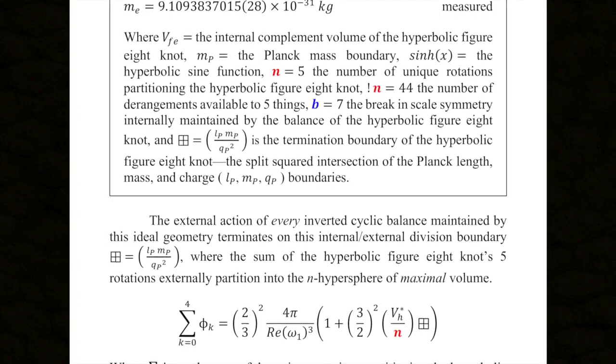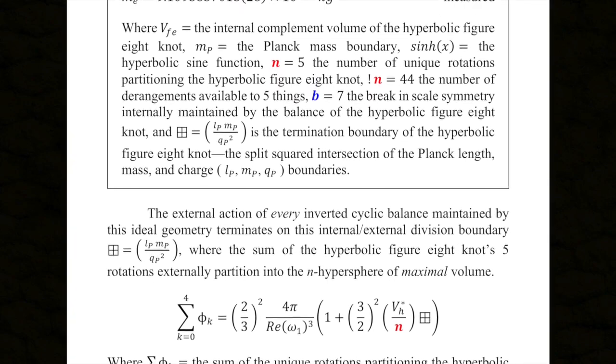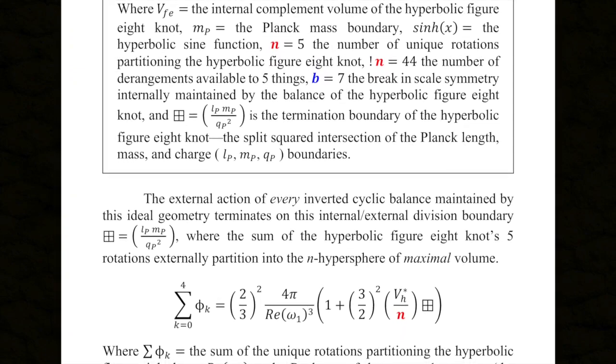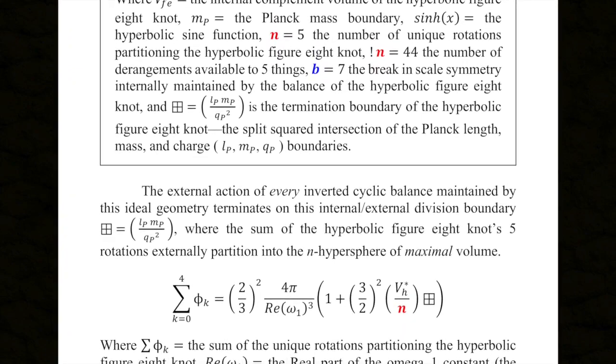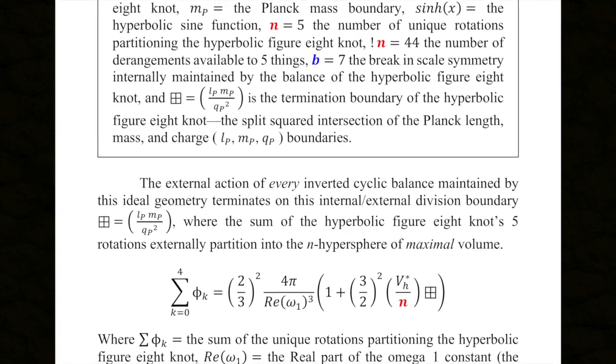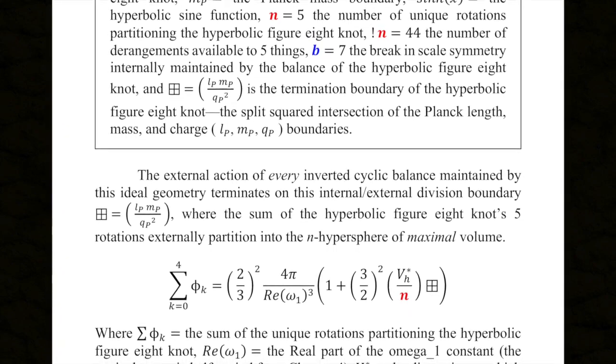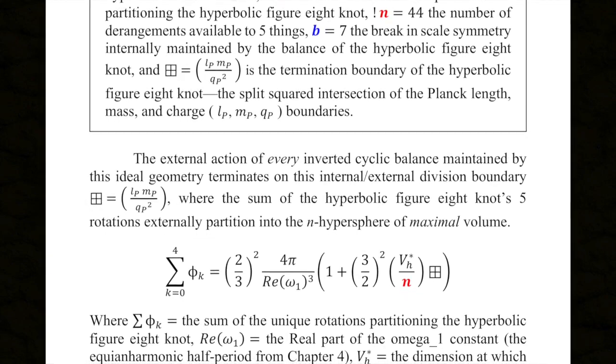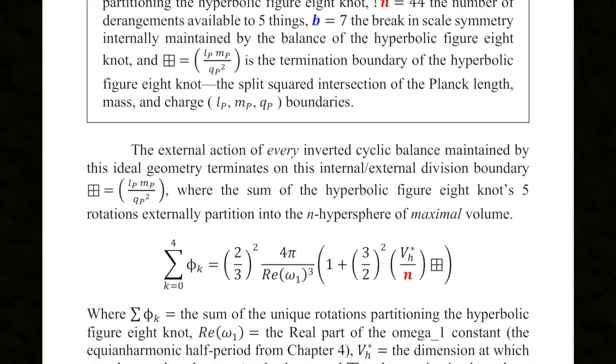So we have that going for us as a simple constructive rule in our simplest balance. And that constructive rule has a lot of simple things to keep in mind. First of all, it defines this connection as being that which defines the n hypersphere of maximal volume. What do I mean by that?